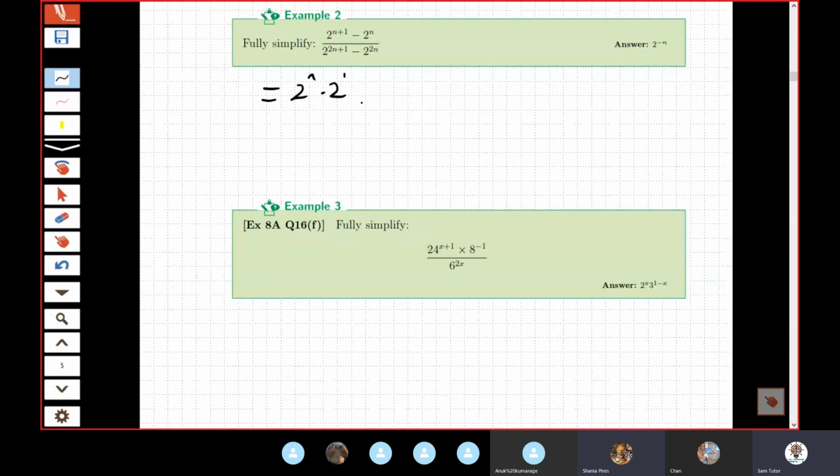Yeah, I meant times, sorry. Yeah, because when you multiply your bases, what do you do to your indices? You obviously add them. So that would be absolutely correct. And then minus 2 to the n over. Same thing with this. You're just going to write 2 to the 2n times 2 minus 2 to the 2n.